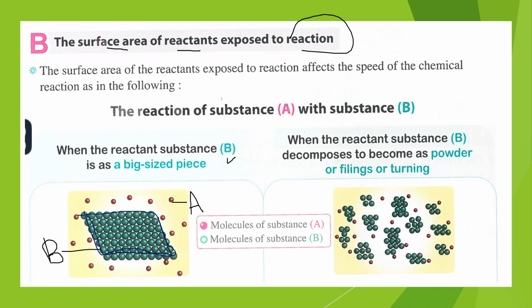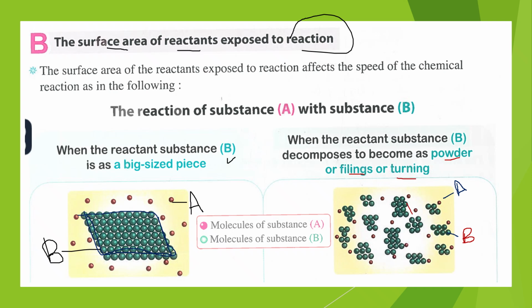On the other side, here, we have the same substance A and substance B. But on the right side, as you see, substance B is found in a powdery shape. We call it powder or filings or even turnings. They are very soft.